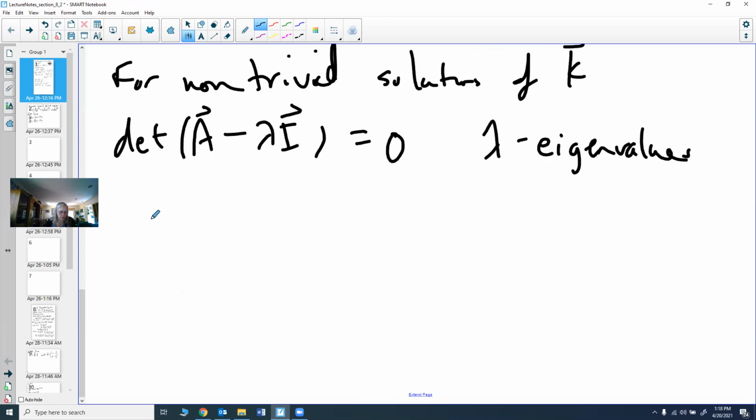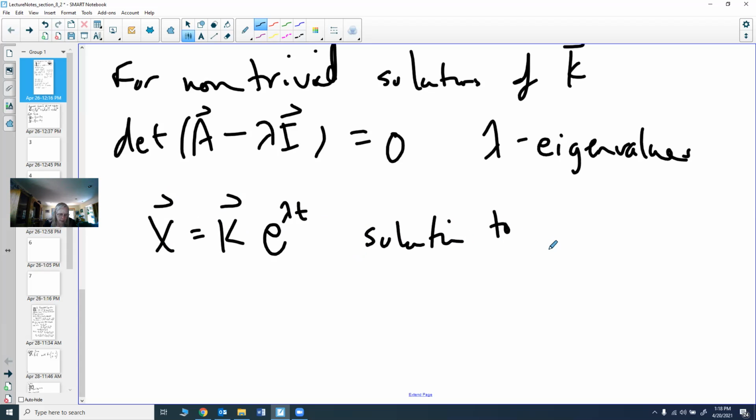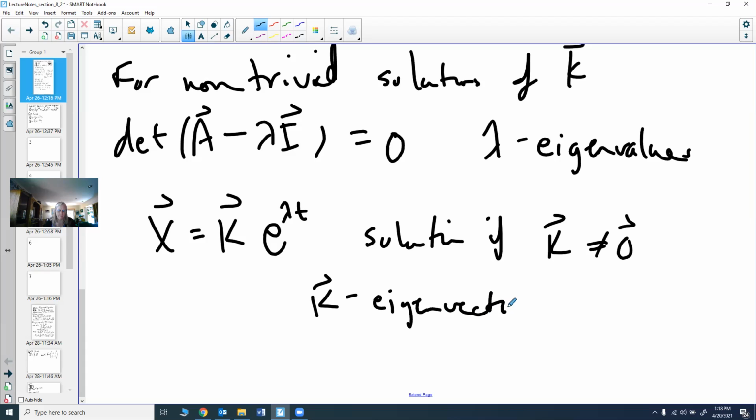And when we do this, we will have that x equals k times e to the lambda t is a solution if k is not the zero matrix itself. This is known as an eigenvector. So this k is your eigenvector corresponding to that eigenvalue.